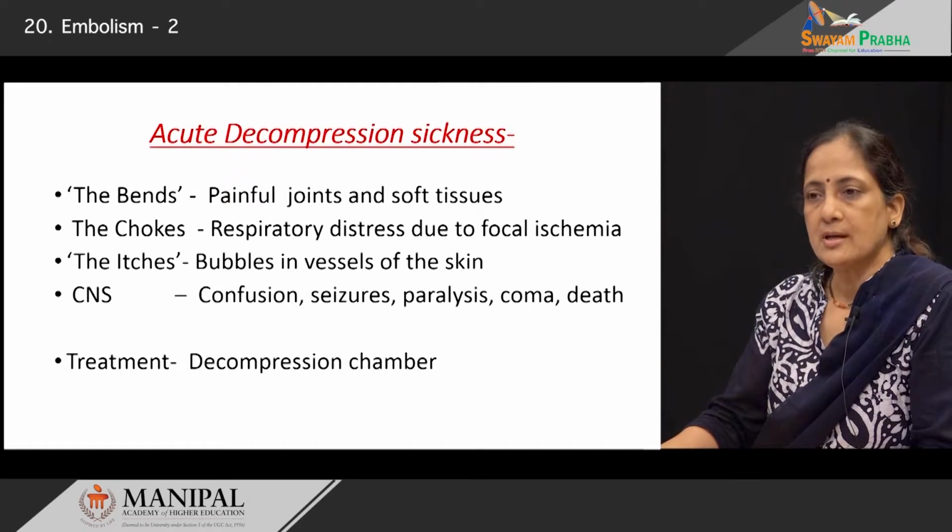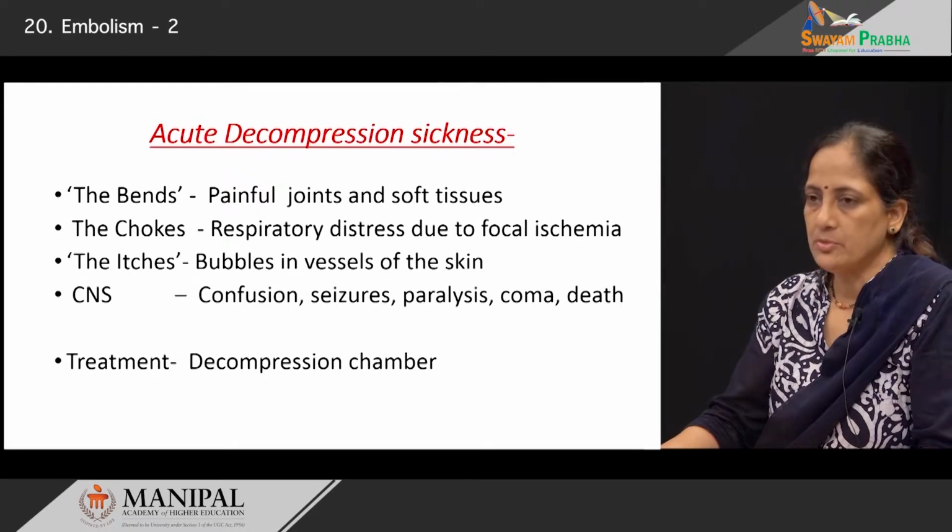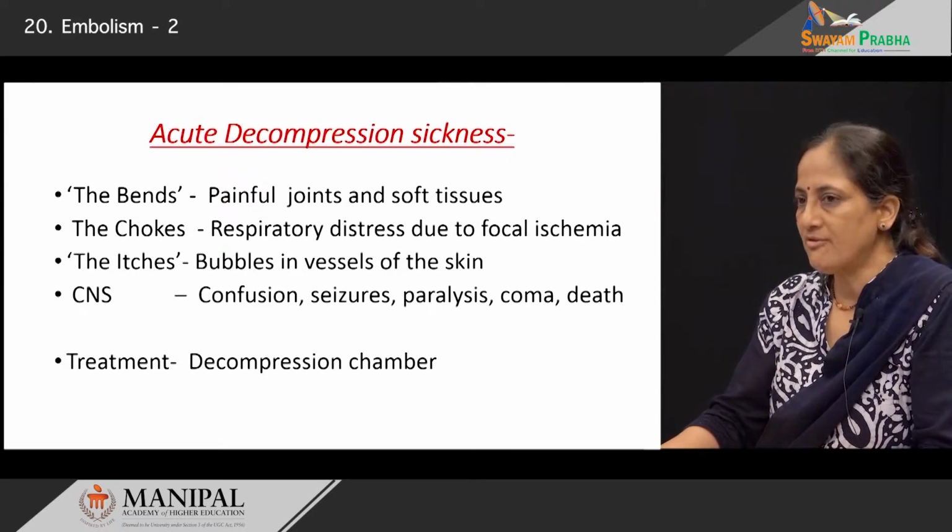When the nitrogen comes out of solution in the joints and soft tissue, it becomes very painful and movement is restricted. This is referred to as the bends. The patients in this condition bend in a peculiar position which is similar to a fashion seen in the Grecian times.